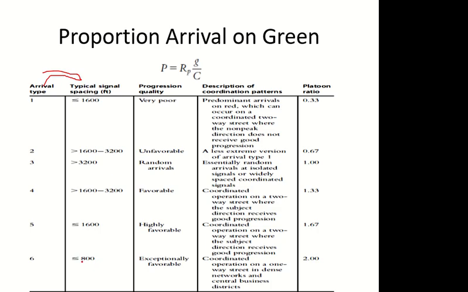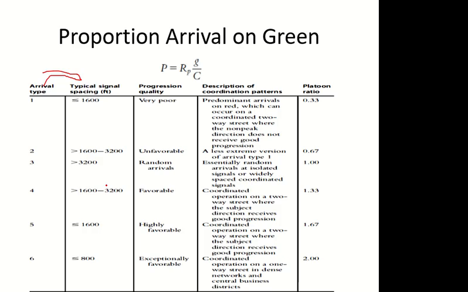Signals which are very close to each other and the arrivals are coordinated. Signals somewhat close to each other and the arrivals are coordinated. Signals far from each other, the arrivals are still coordinated.